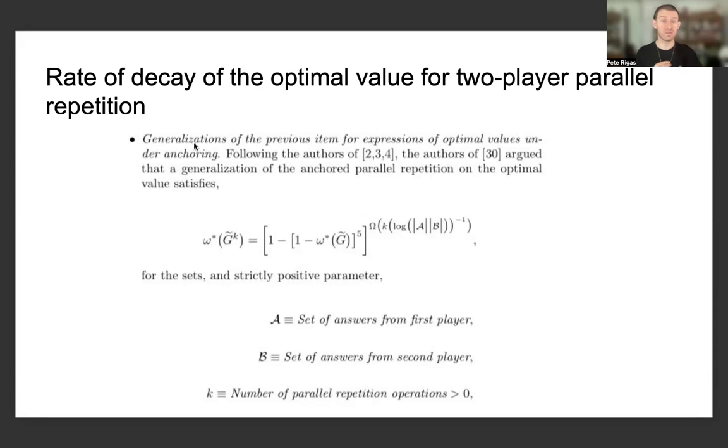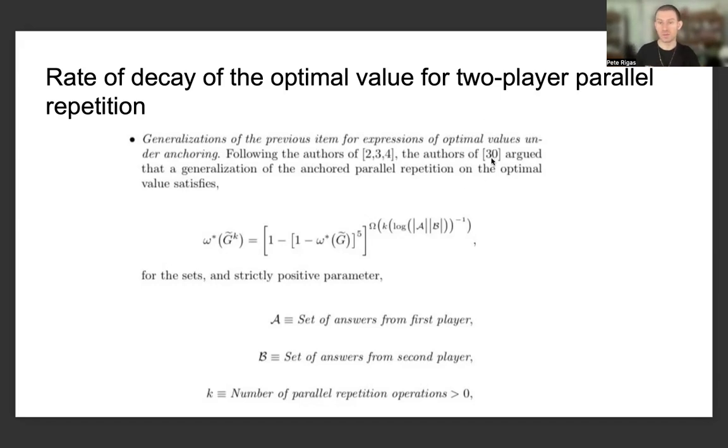And this is given by the fact that we're looking at generalizations of a previous item in the upcoming paper that I'm going to submit to the archive soon, for expressions of optimal values under anchoring. So this is from the work of Bavarian, Vidick, and Yuen, which I've discussed and described at several points in presentations of the series.